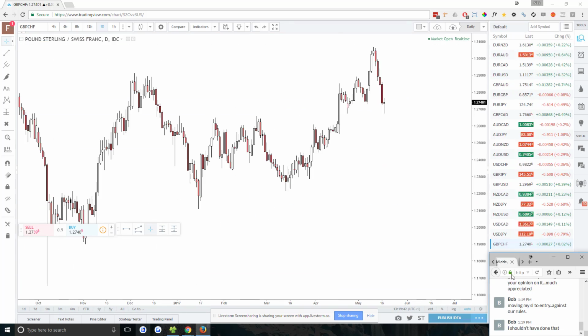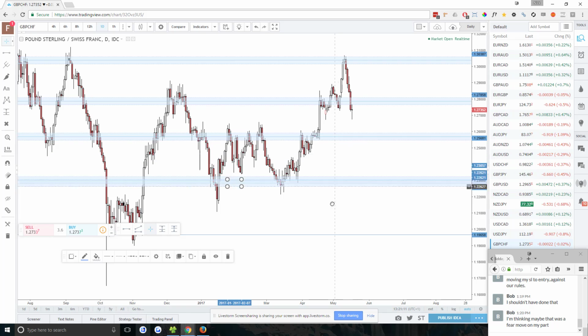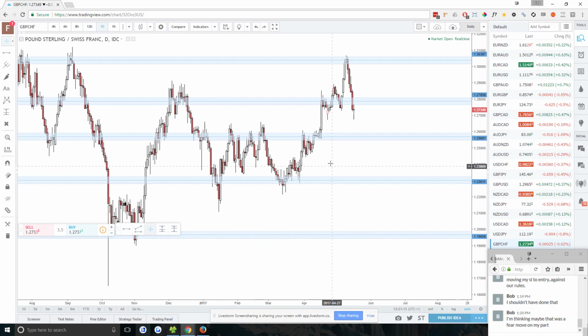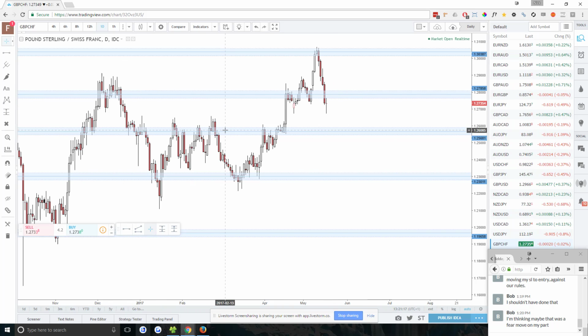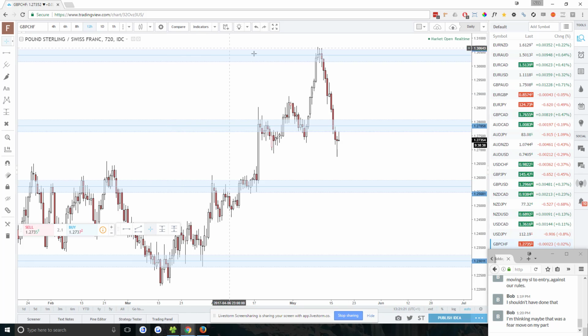GBPCHF. All right, so we've got some support resistance areas for GBPCHF now. Presumably you guys are talking about this setup, which is forming on the 12-hour. Honestly, I don't see it. It's forming below the support area.